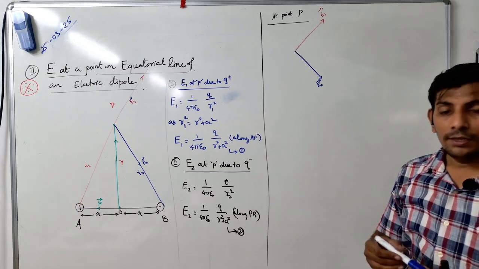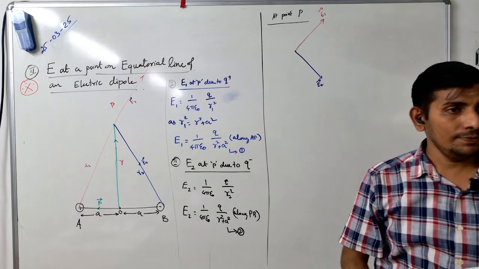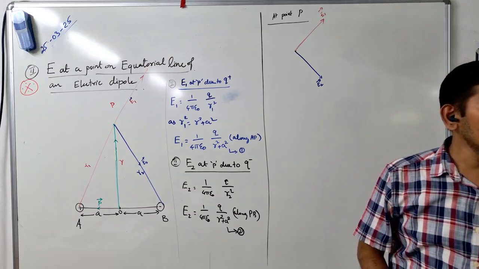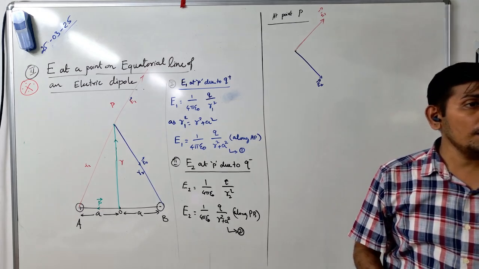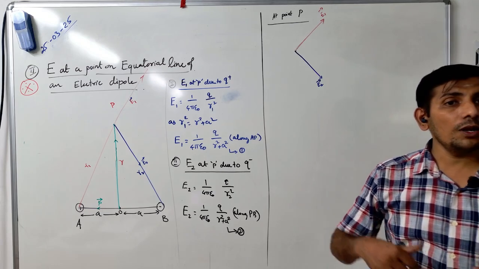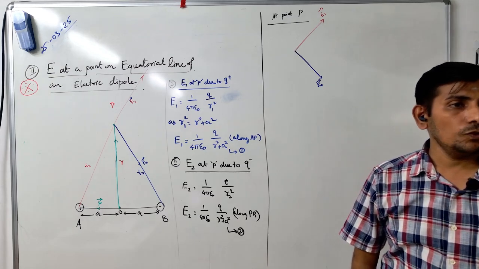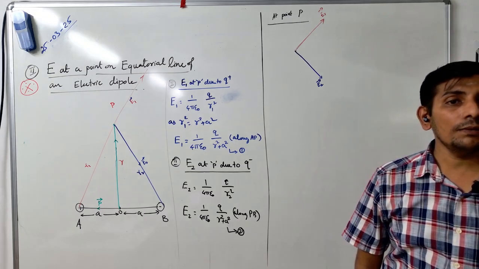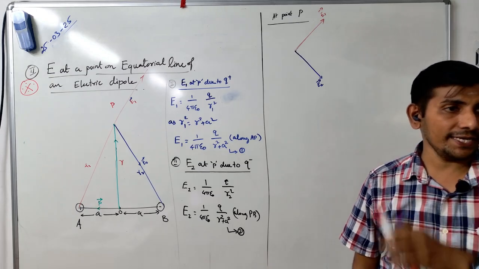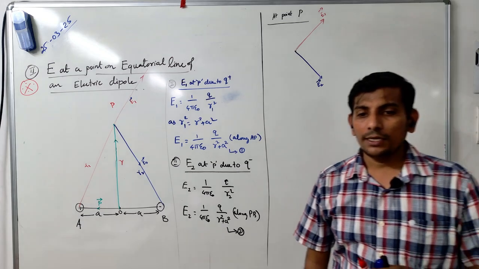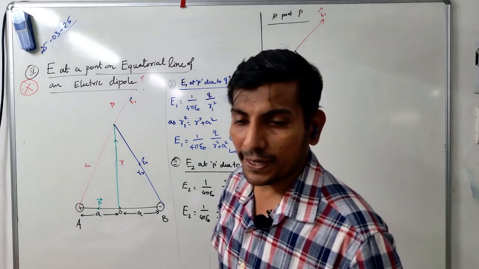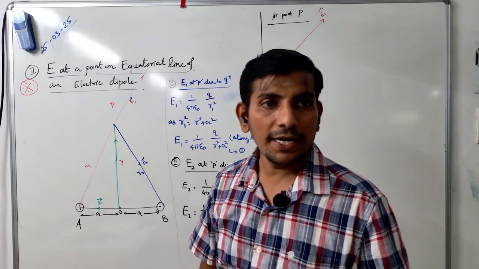And you know very well, every vector is resolvable. What do you mean by resolvable? That is, you can easily measure how much they contribute along the x-axis, how much they contribute along the y-axis. We call them rectangular components of the vector, which you must have studied in your grade 11.